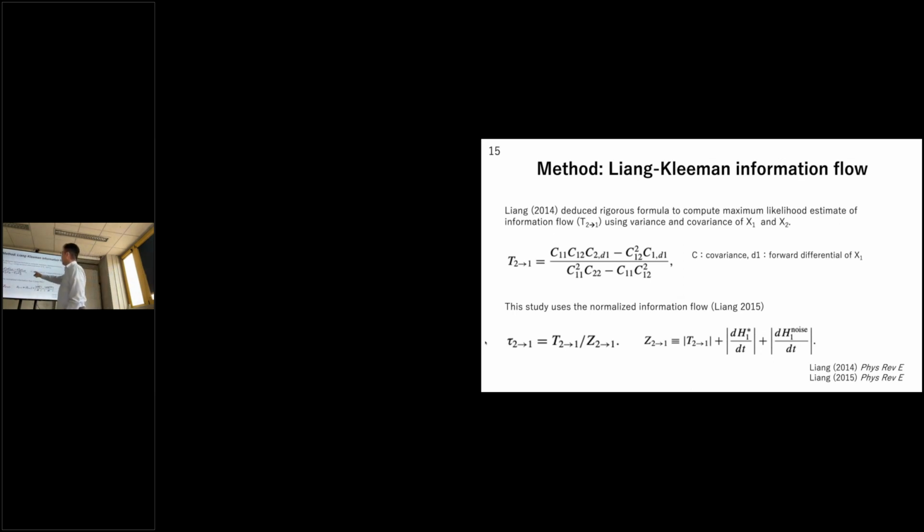If you look at this equation, it's very simple and easy to apply to real problems. Furthermore, we use the causality normalized by the total change of entropy. The exact formula or equations can be found in the paper.